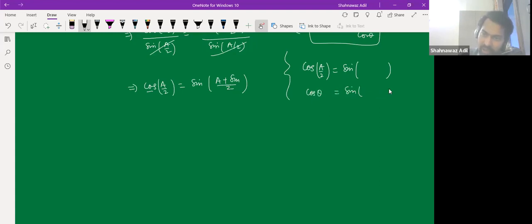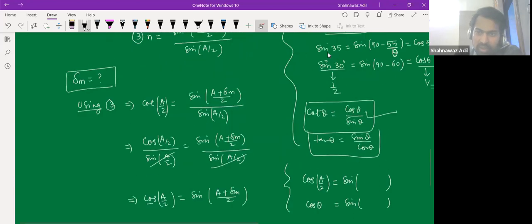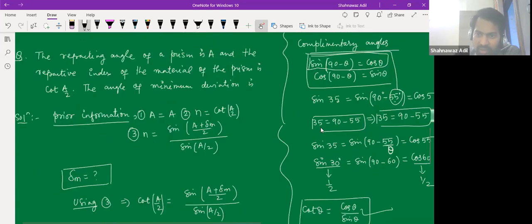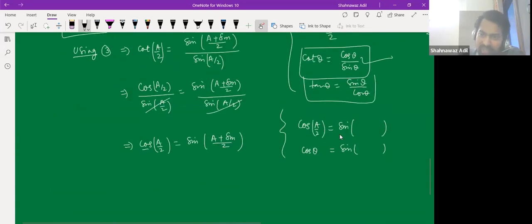Sine of 90 minus theta is cos theta, right? So sine of 90 minus A by 2 would be cos A by 2. Is this clear, guys?